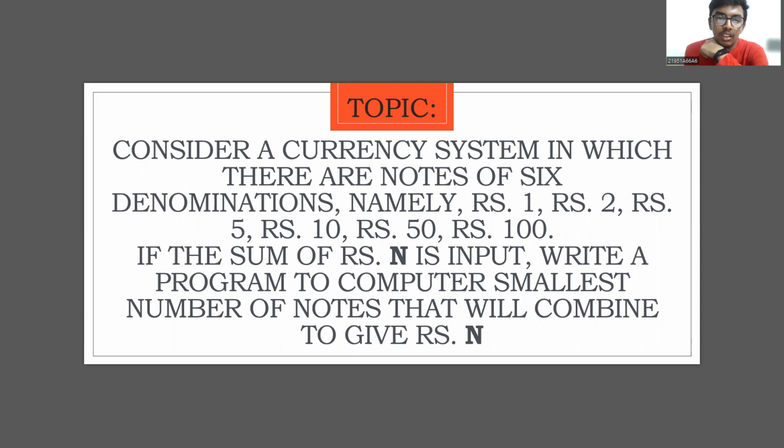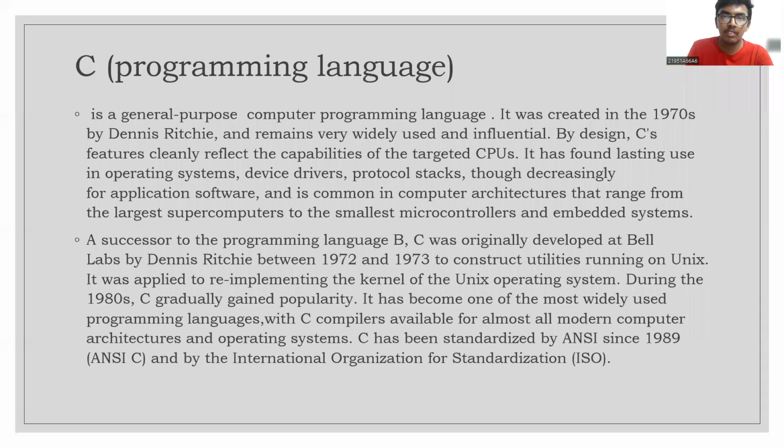If the sum of rupees n is input, write a program to compute the smallest number of notes that will combine to give rupees n. C programming language is a general purpose computer programming language.